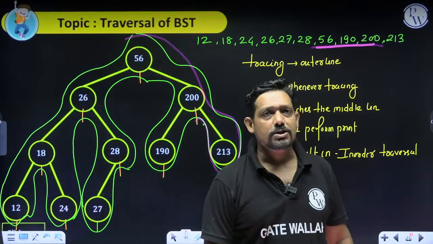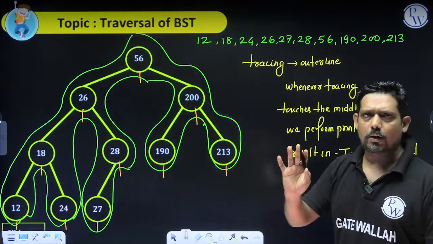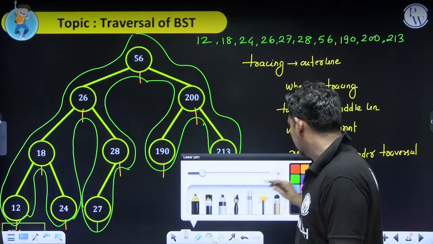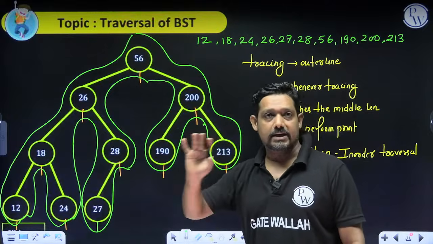So this is how, without any other trouble, you can find out the inorder sequence of a BST.